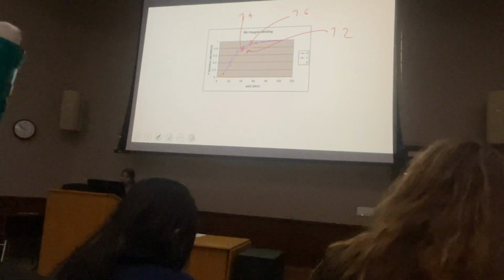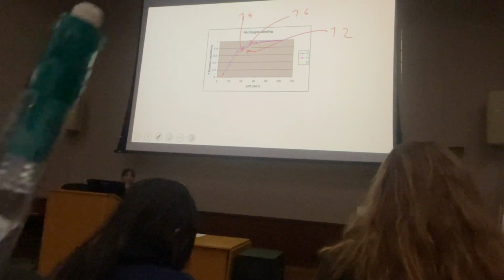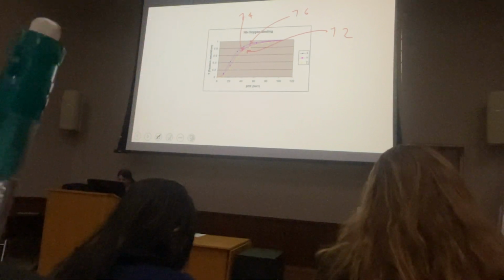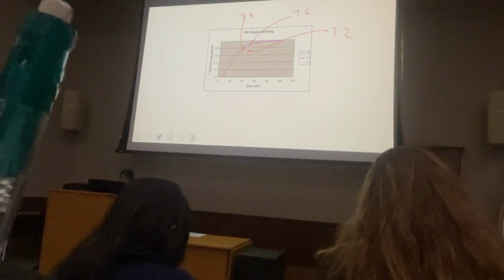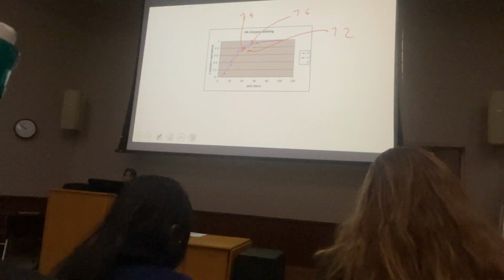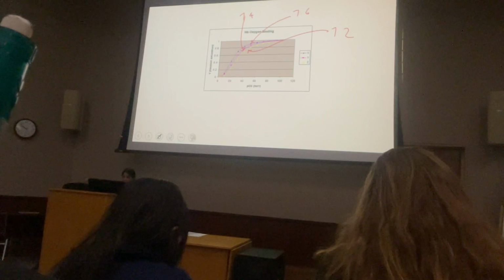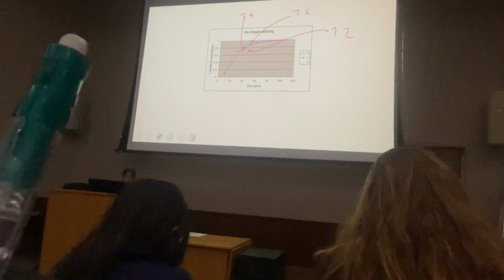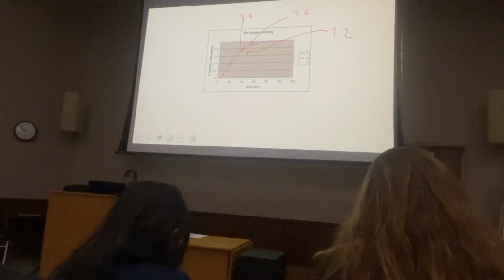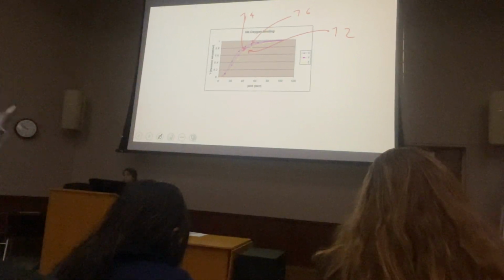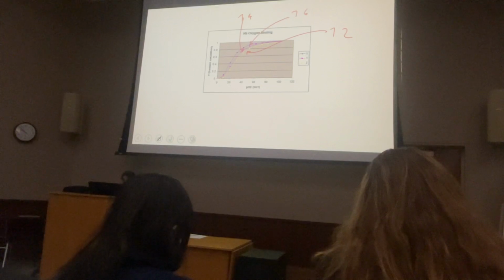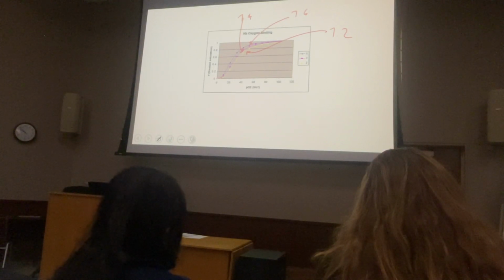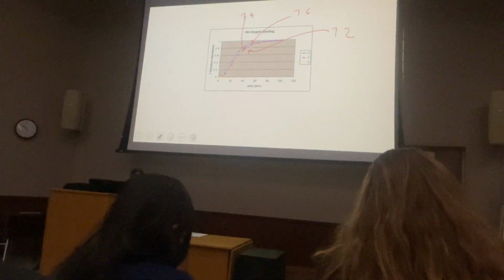Z is actually 7.2, so you can actually eliminate A and B. And then you can also eliminate E, because remember I just told you that pH has no effect, and it does. Right? And that's the Bohr effect. So the Bohr effect has to do with the pH and the carbon dioxide. So you can eliminate that. From here you can say that D is the correct answer, right?